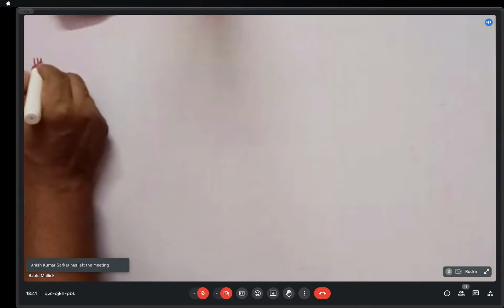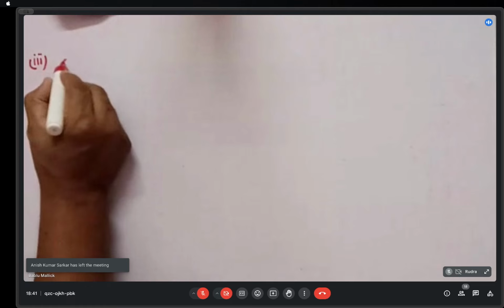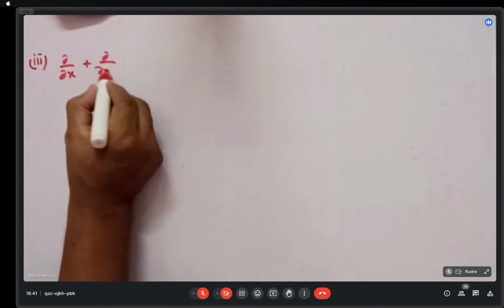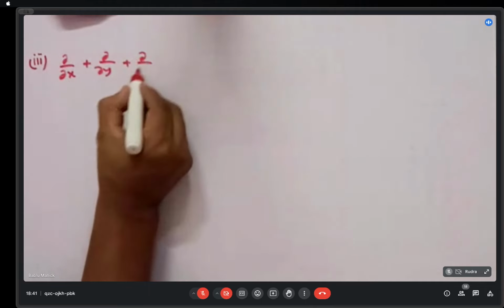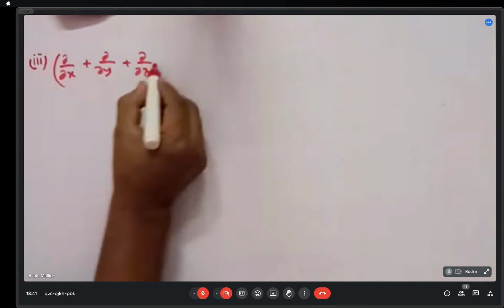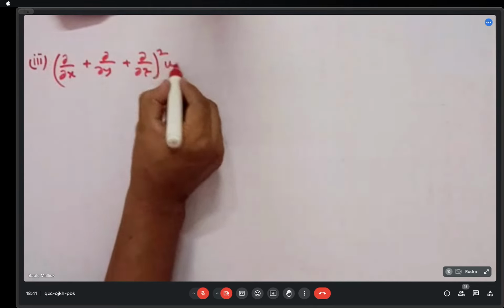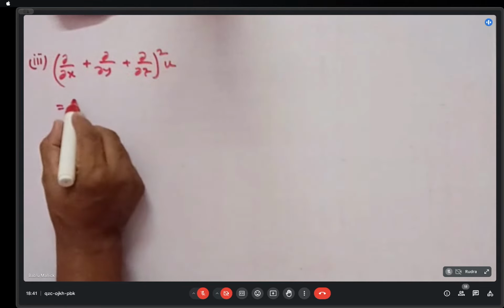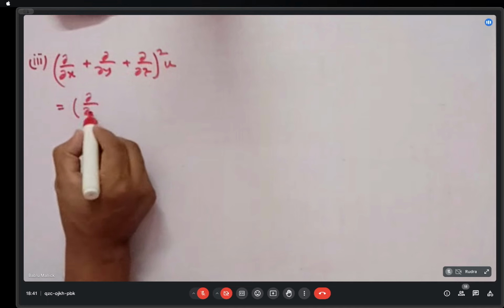So this is equal to this we have done in sum number 1. So this is del x plus del y plus del z. This we have done, this means 3 divided by x plus y plus z.